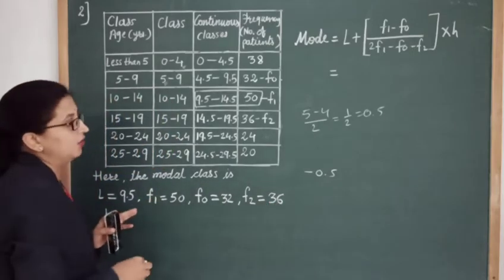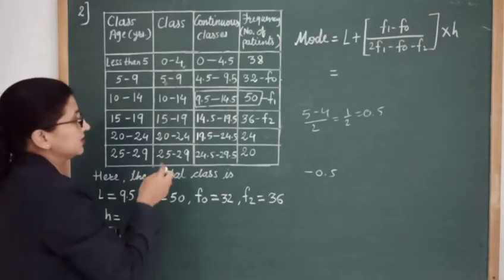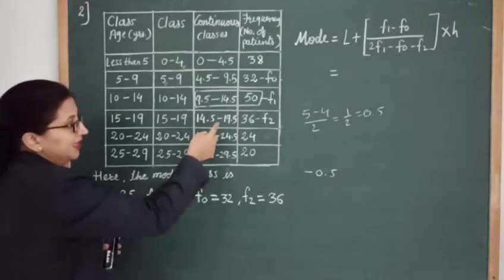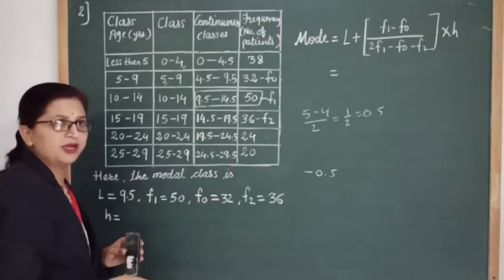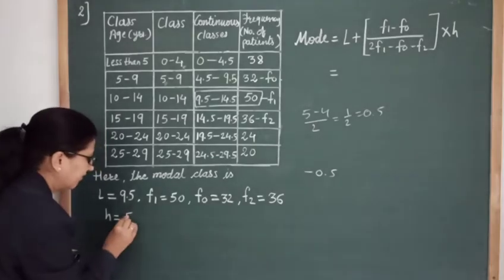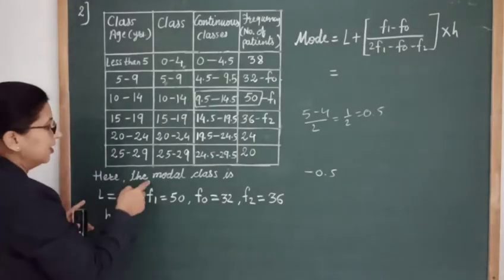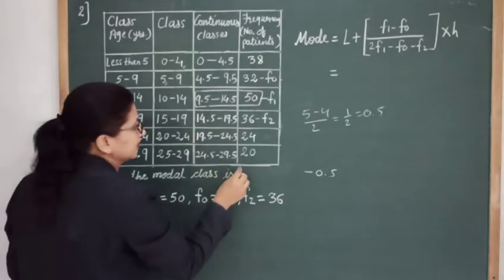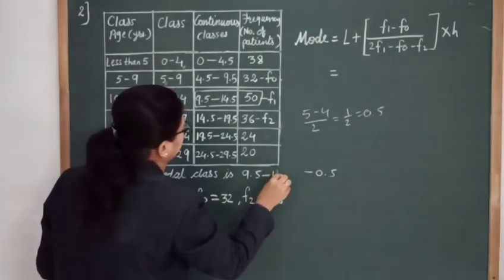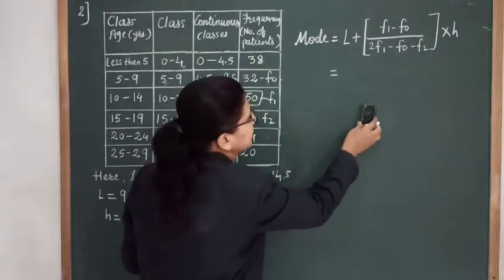Okay, now value of h, that is height of the class, that is nothing but upper limit minus lower limit, that is 19.5 minus 14.5. Any you can get, value will be same, so that will get 5. Okay, so in this way we got all the values. Now here the modal class is this 9.5 to 14.5.